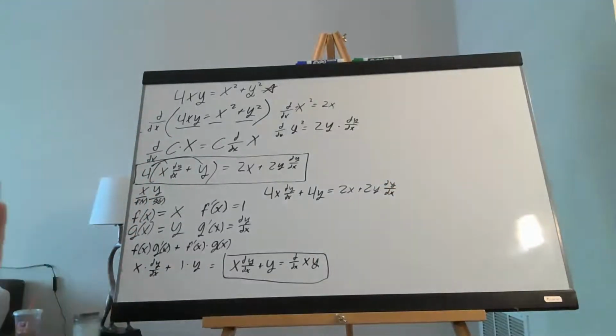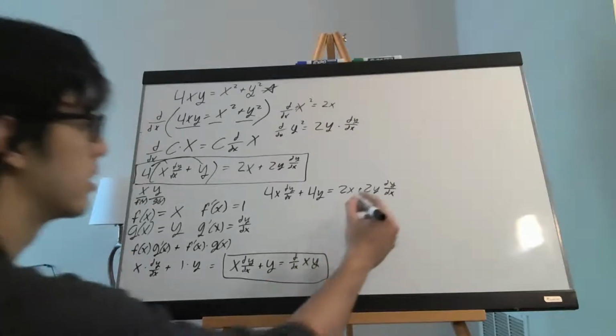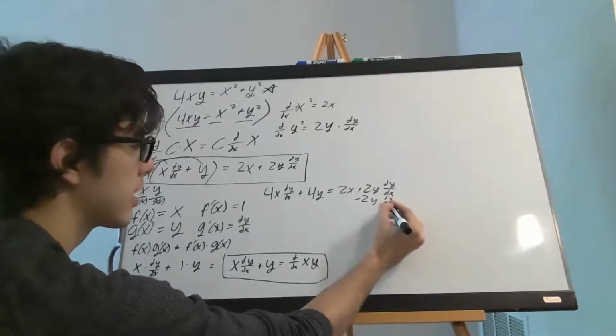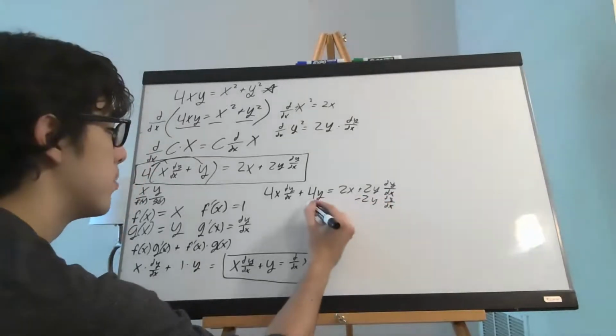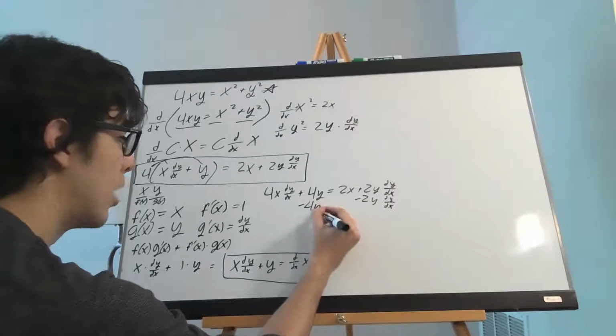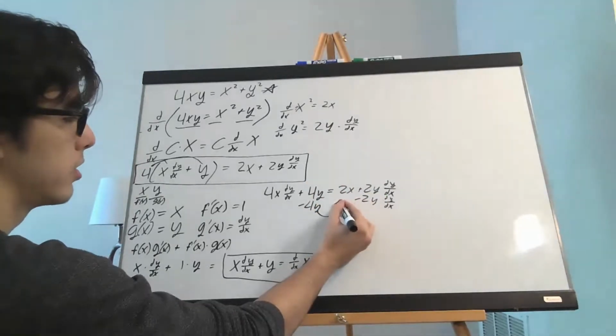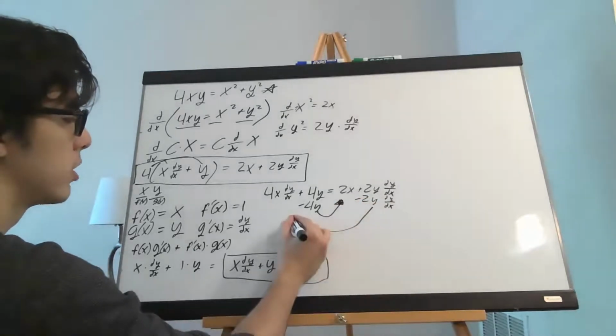So now the next thing we're going to want to do is group like terms. So I'm going to subtract this 2y dy/dx from both sides, and then I'm also going to want to move this 4y over to the other side. So we're moving this here, I'll draw the arrow, and then we're moving this over here.